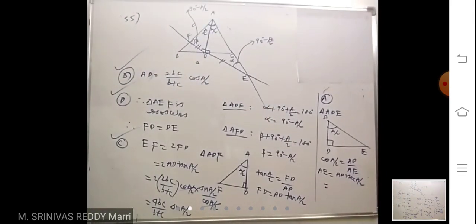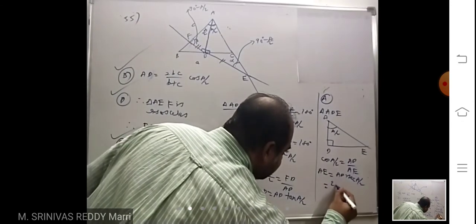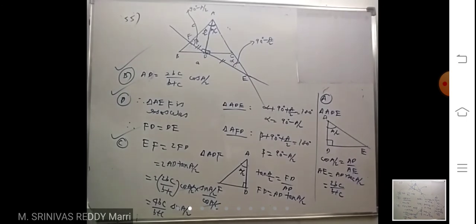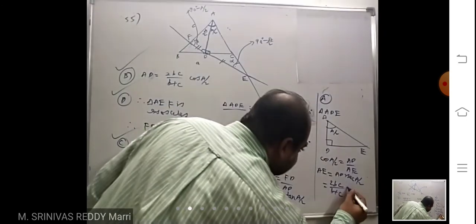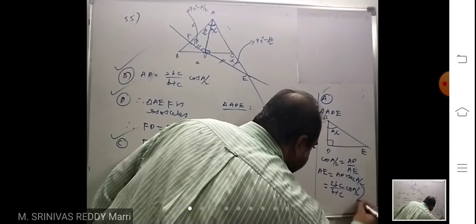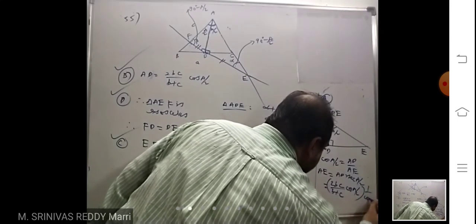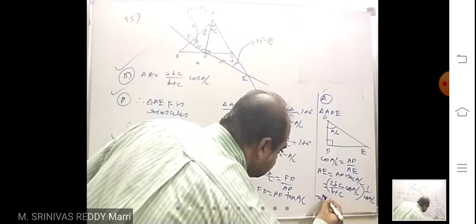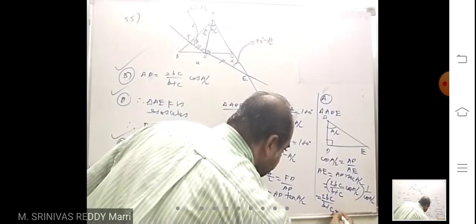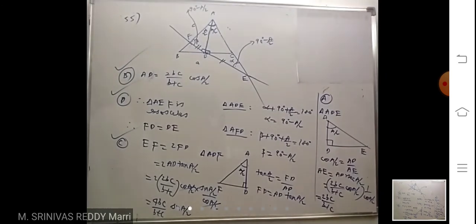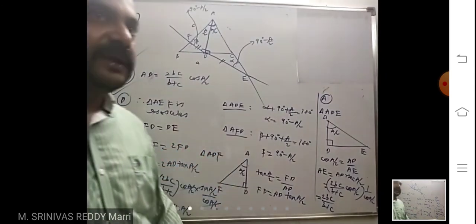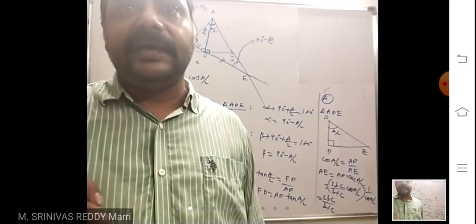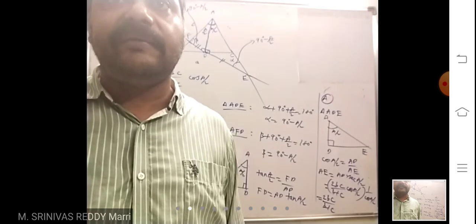AD, you know the formula. AD is 2BC divided by B plus C into cos A by 2, into 1 by cos A by 2. Cos A by 2 will get cancelled. 2BC divided by B plus C is nothing but the harmonic mean of B and C. If x and y are two numbers, their harmonic mean is 2xy divided by x plus y.